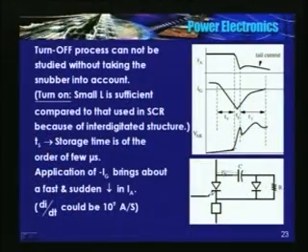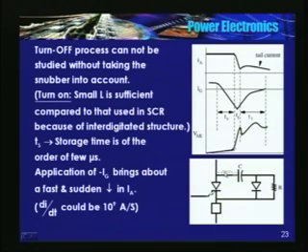Now there has to be a turn off snubber, an RC circuit, say looks something like this. Now there is a diode, it has its own turn on time, and I have shown a small inductor, what is known as a loop inductance, in dotted lines.